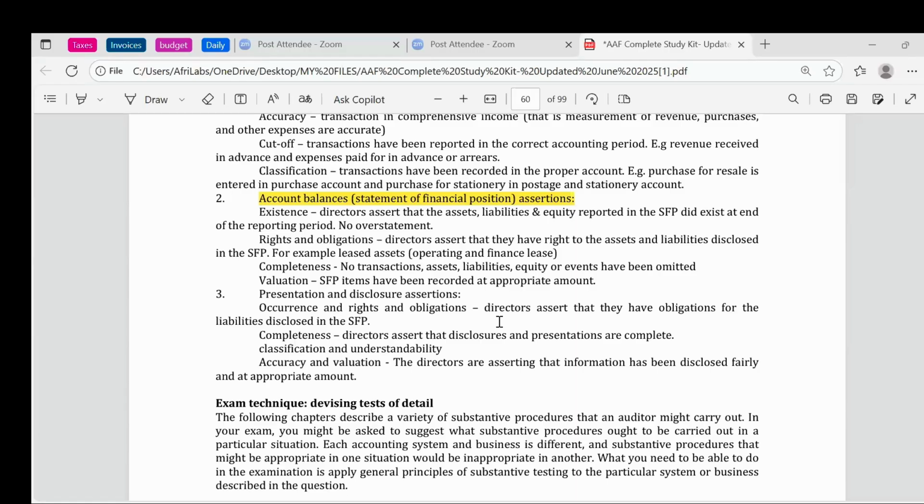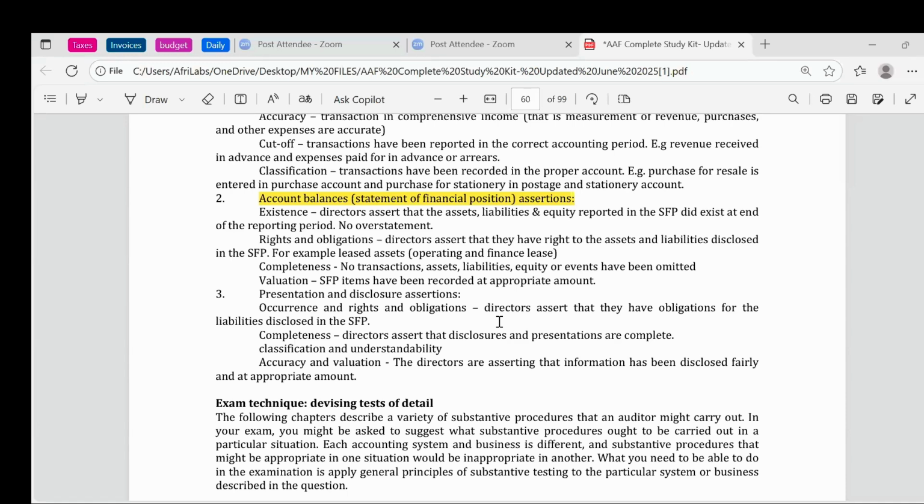Now, if your CVOPC is applying, you will now turn your CVOPC into audit procedures. Number one, completeness. From completeness, you can get more than one procedure. Confirm that all the cash transactions that happened during that financial year have been properly captured, recognized, and signed off. Are you with me? That is checking for completeness.